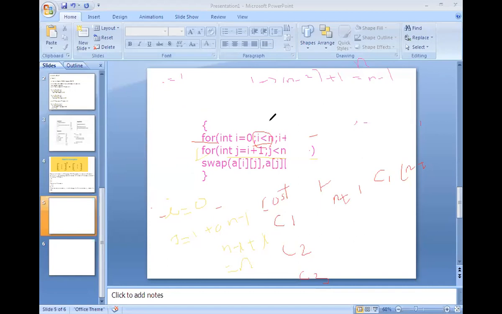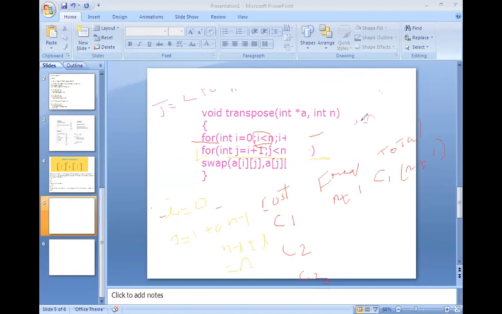Okay, when i equals 1, see here. So I just pause the recording. So when i equals 1 and so on, up to i equals n, the loop repeats.